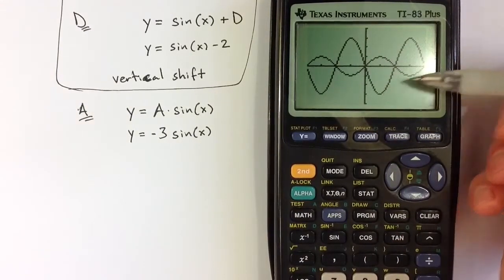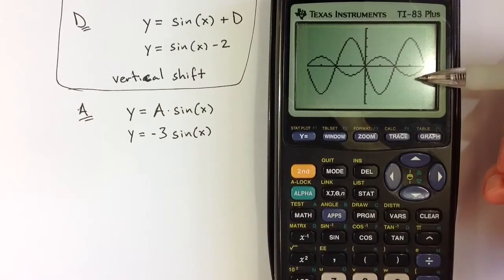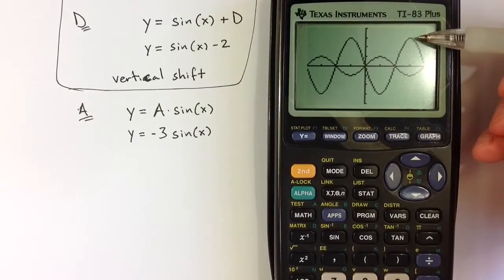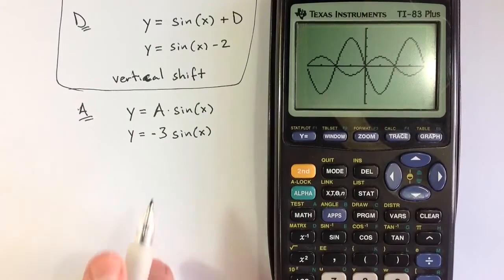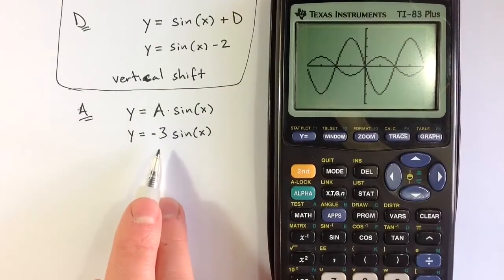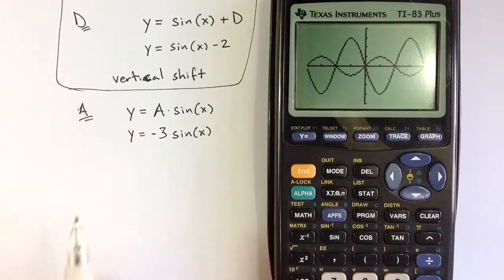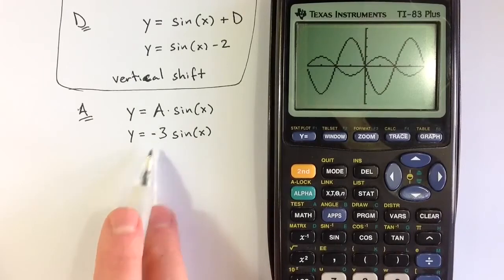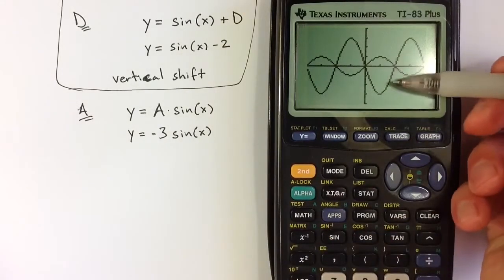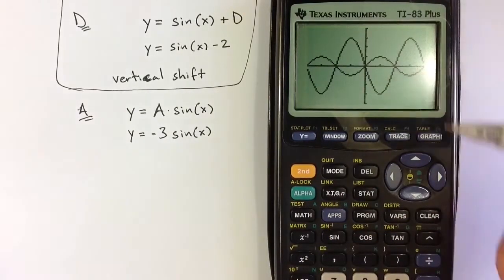When it used to reach -1, now it reaches +3. So the value for a also affects the graph vertically. It stretches it vertically, and because a is negative, it also causes a reflection across the x-axis.